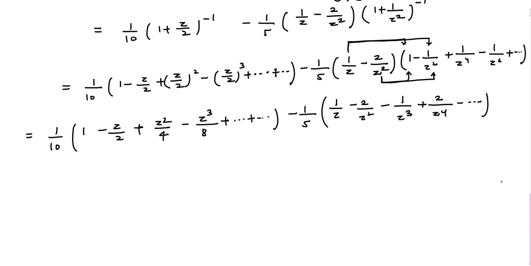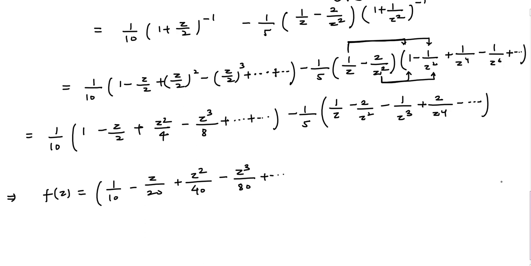So therefore we can say that our given function f of z can be expressed, multiplying the whole term by 10, as 1 by 10 negative z by 20 plus z square by 40 negative z to the power 3 over 80 plus dot dot dot.